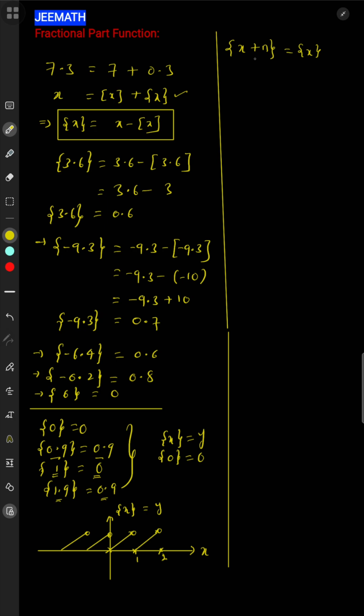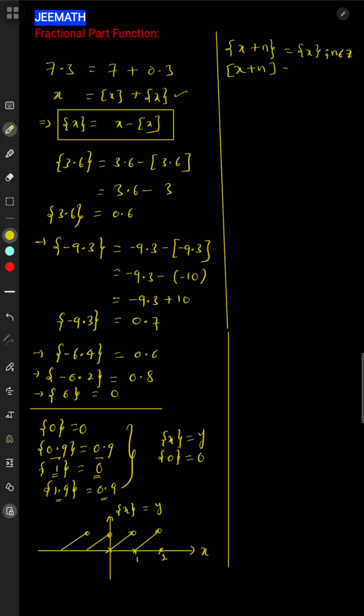We are looking at the fractional part here, not the integral part, right? That is why, when the integer belongs to Z, there is no need to consider it, we can neglect it.